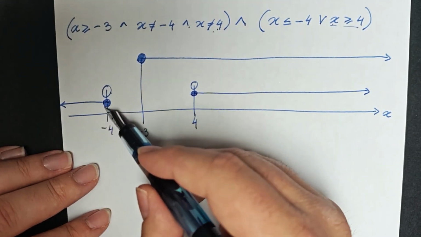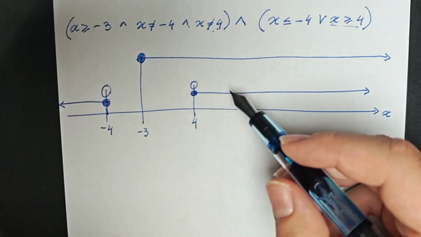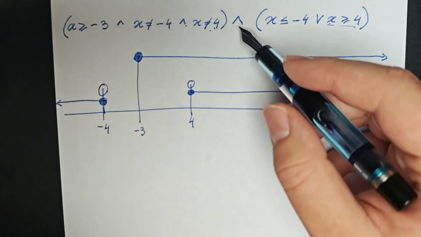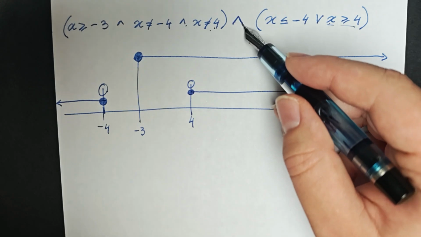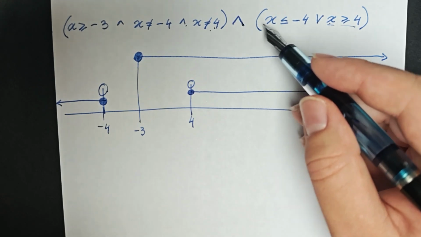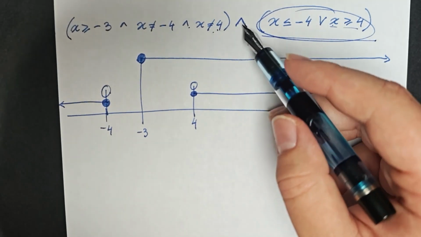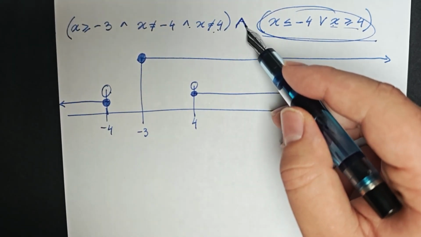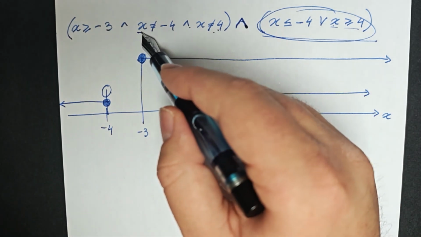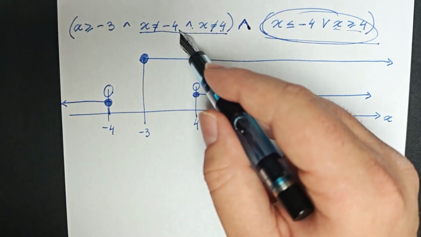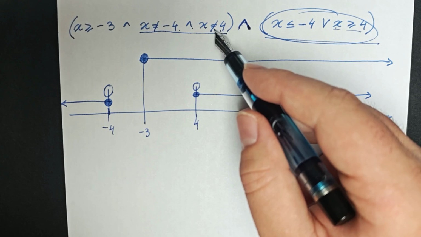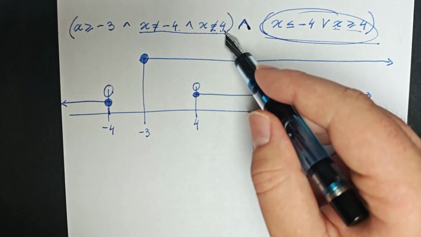So this is one set. How are we going to deal with this? We have a conjunction, and that means that we are dealing with an intersection. So we are going to observe this as one set, and we are going to take the intersection of that set with this set where x is different than -4 and x is different than the number 4.